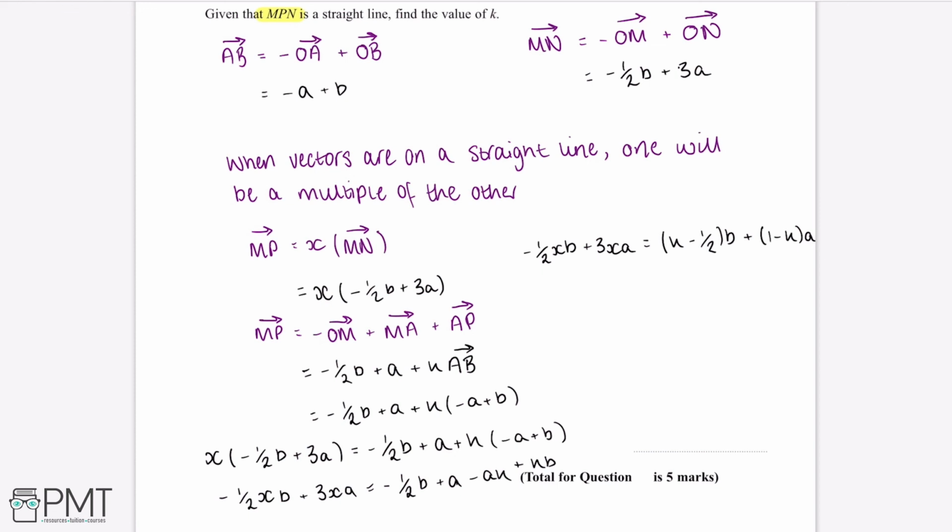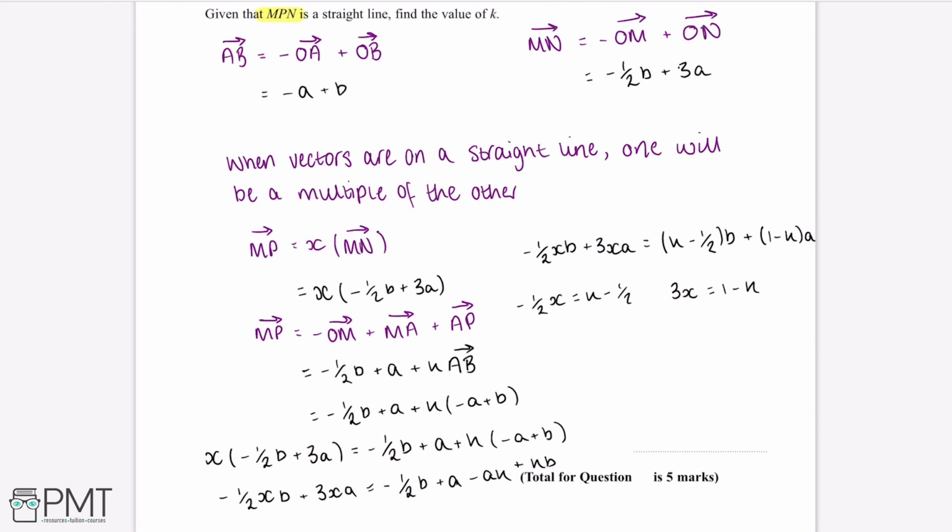If we start off with b, negative a half xb is equal to (k minus a half) b. So therefore negative a half x is equal to k minus a half. Then we can use the same process for the a term. 3xa is equal to (1 minus k) a, so therefore 3x is equal to 1 minus k.